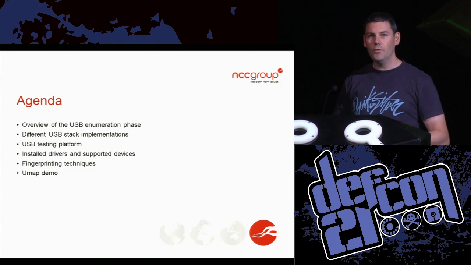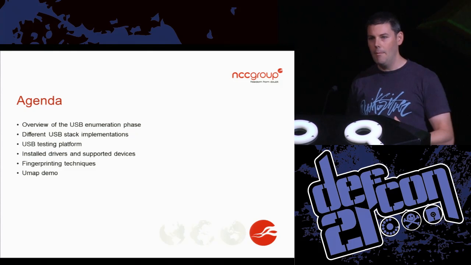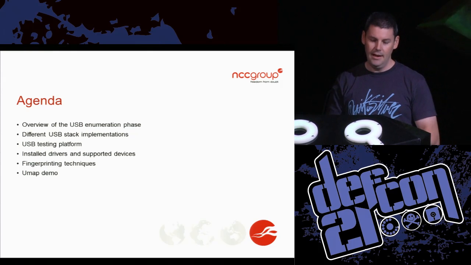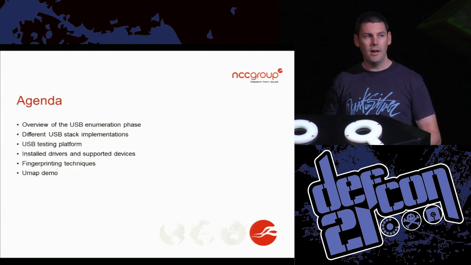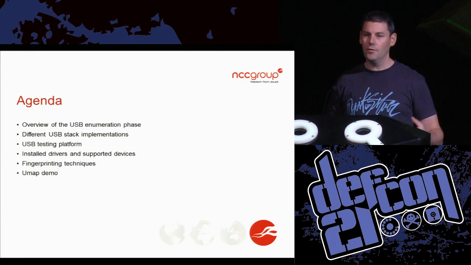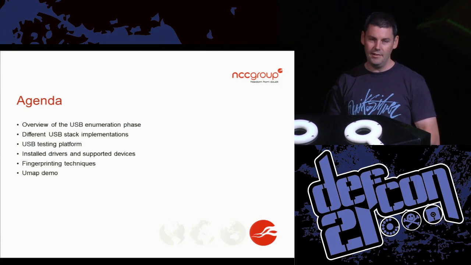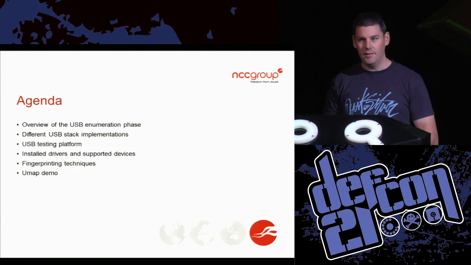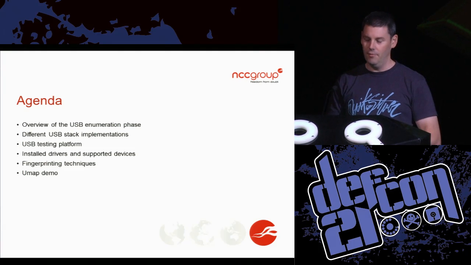But you want to find out as much as possible about that driver stack and the drivers that are installed prior to doing any kind of active fuzzing. Because as we'll get into a bit later, fuzzing USB is a lot slower process than fuzzing network services, that kind of thing. So the more information you can gather prior to starting fuzzing, the more effective the process becomes.